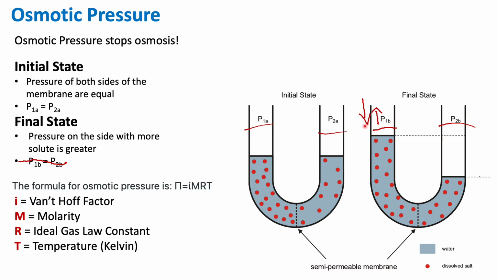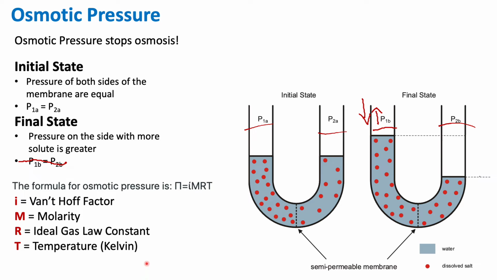That pressure vector pointing down is essentially what is going to stop our osmosis from going any further, because we've reached that equilibrium. And we can actually calculate that pressure vector, because it is referred to as osmotic pressure. So osmotic pressure is the pressure that is exerted downwards when that equilibrium is achieved.